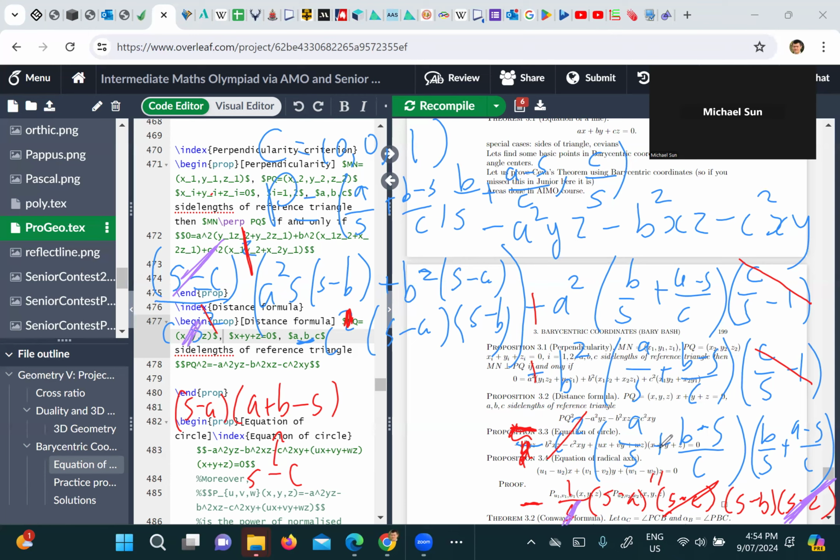So we do it on each of these. So here, this S is gone, and then it's just on C. So this becomes B squared. Is this the S minus A or not?